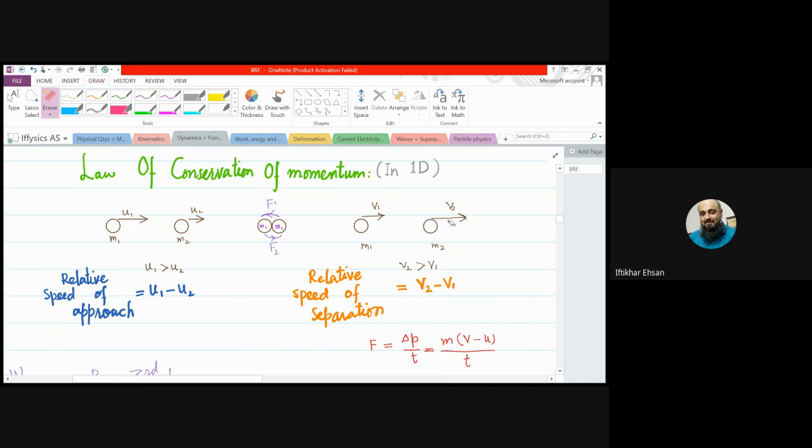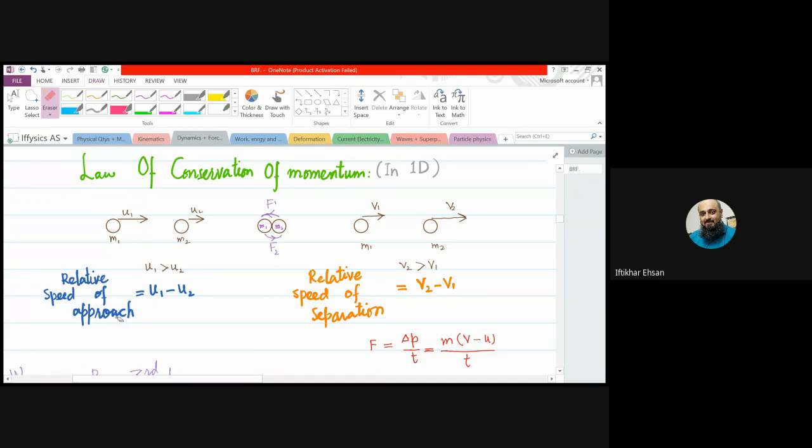Now v2 is faster, its arrow is larger, and M2 will be moving away from M1. So u1 minus u2 was the relative speed of approach. It is the speed with which M1 is getting closer to M2, approaching M2.